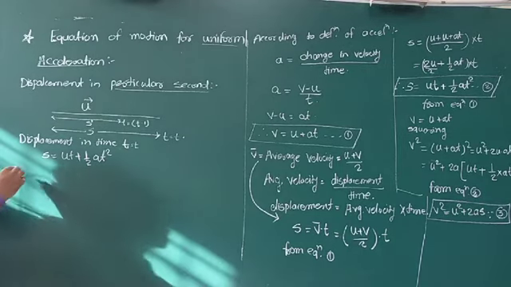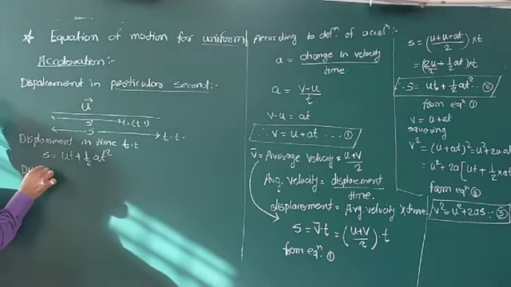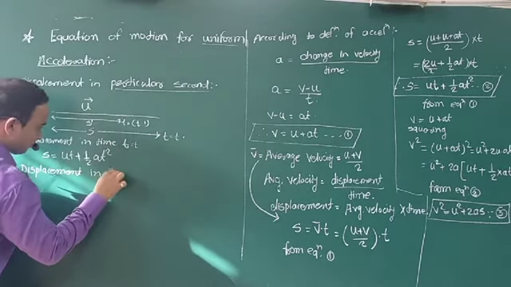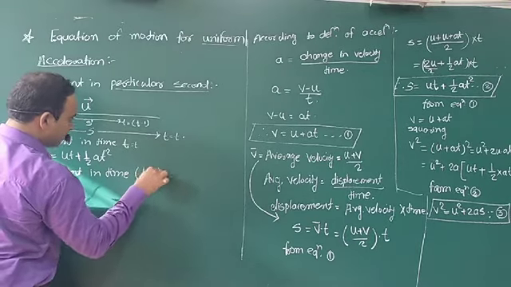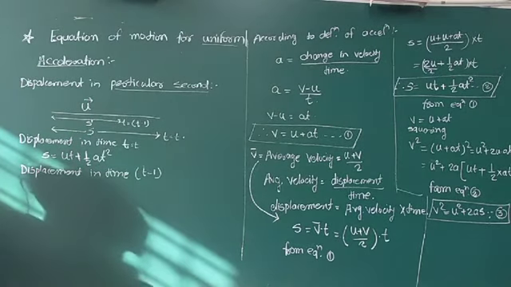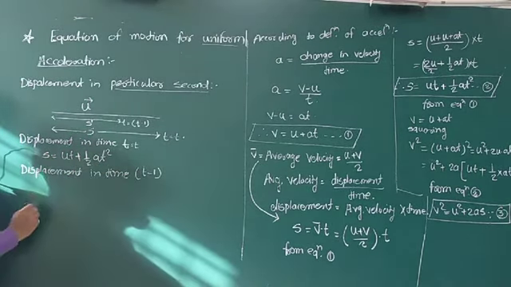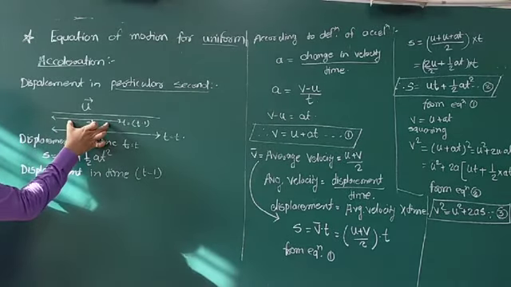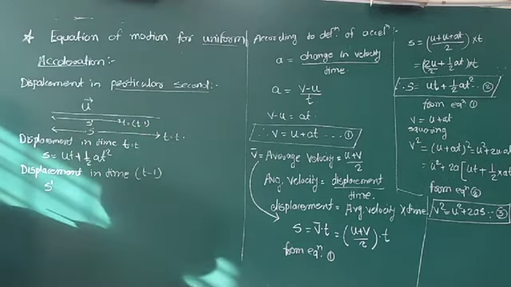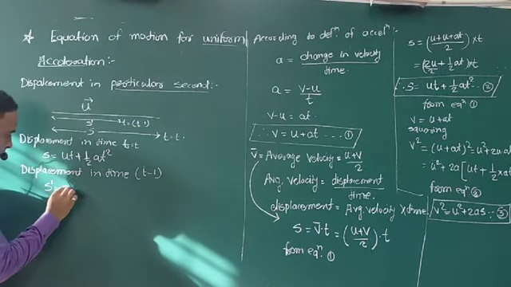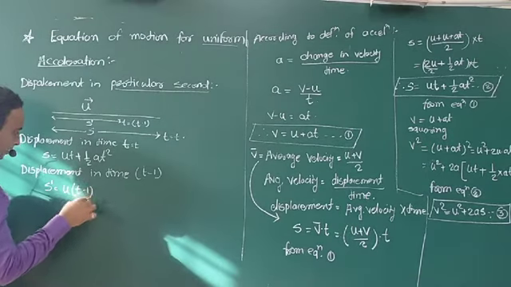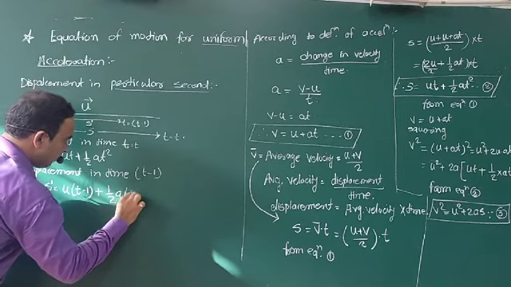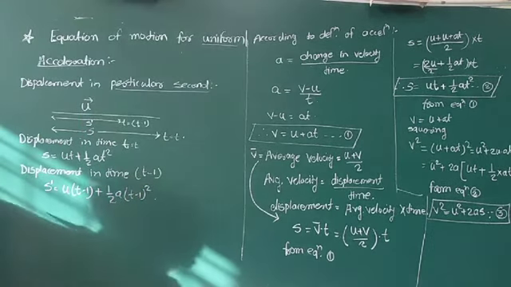Now the displacement in time t minus 1: we can replace t by t minus 1, so we get s dash. S dash is the displacement covered in time t minus 1, so s dash is equal to u into (t minus 1) plus half a into (t minus 1) whole square.